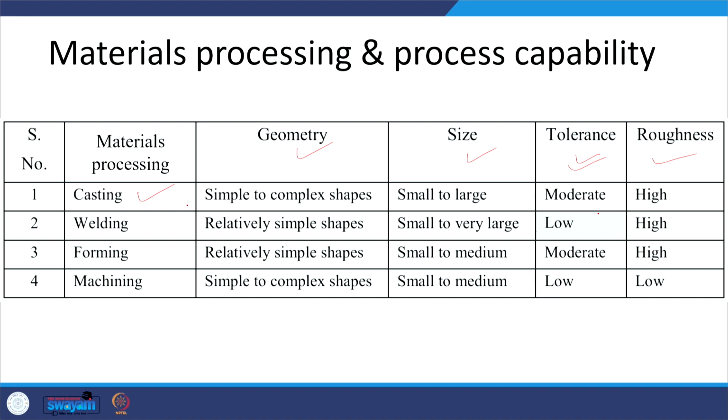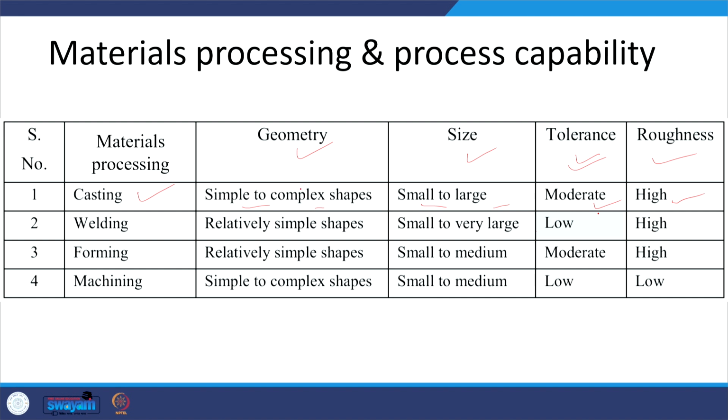So, as far as the casting is concerned, it can be used for making the products from simple to complex shape, very small to the large size, tolerance is moderate, and the roughness is high. Like it can vary, say, from 5 micrometer to the 50 micrometer. Then the size from few milligrams, products of few mg in weight to tons.